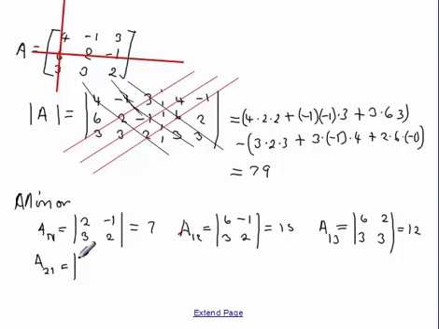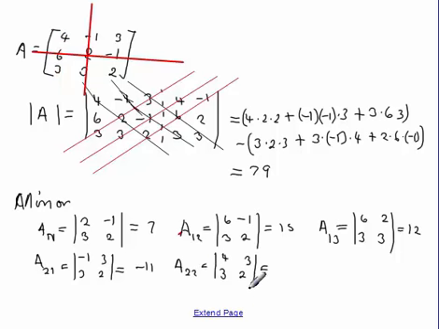Then you get there. What are we getting here? Minus 1. Then minus 2, minus 9, minus 11. Then A 2, 2. What do we have there? The corners. Right. That is, again, minus 1. Okay.